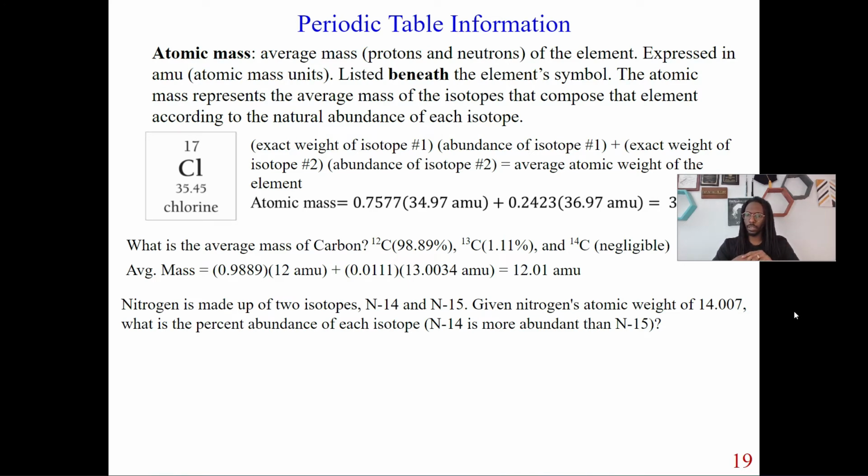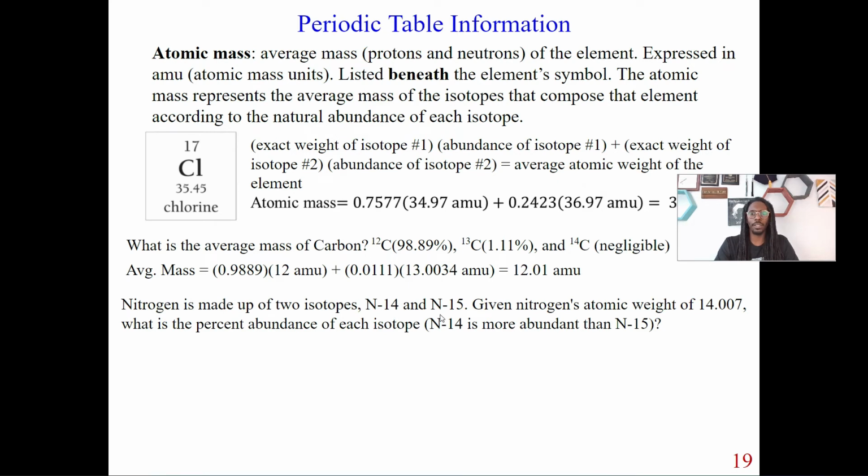Now, what y'all have to do for this one? It's not as tricky as you think, because we got our formula here. This is what we always have to do to find the abundance. We just have to do some algebra to figure that out. So let's look at this one. So far I know I got 2 isotopes, 14 and 15.